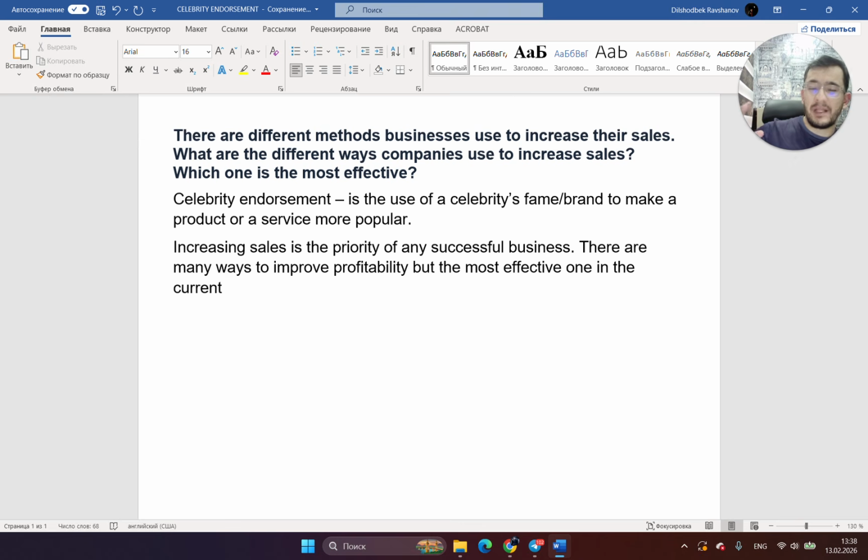Let me just say, but the most effective one in contemporary time is celebrity endorsement. Okay, so there are many ways to improve profitability, but the most effective one in contemporary time is celebrity endorsement. I'm still not sure about contemporary time. Maybe I should have used something simpler. The most effective one.